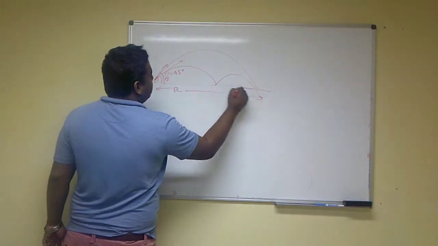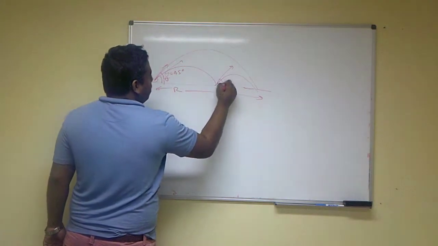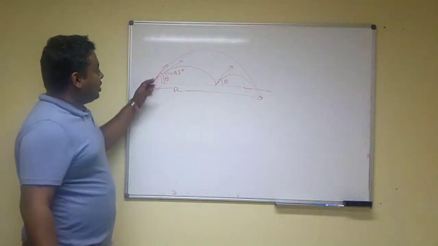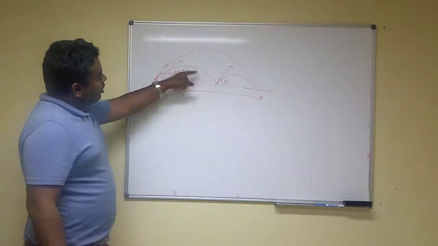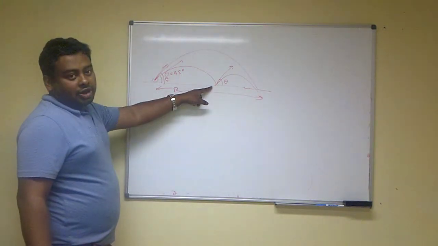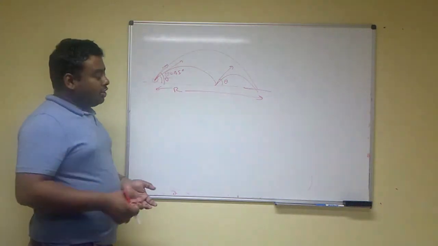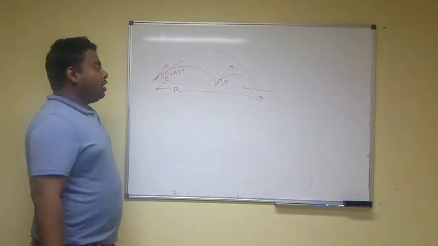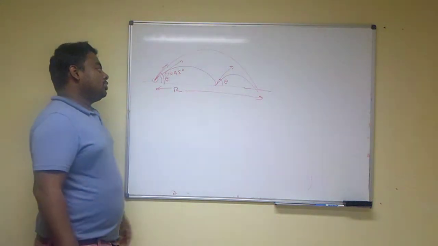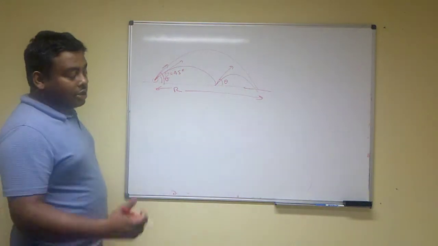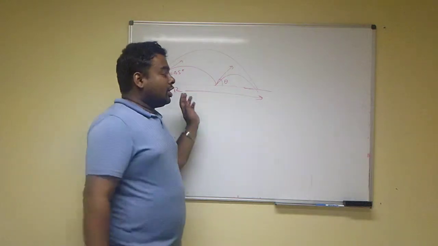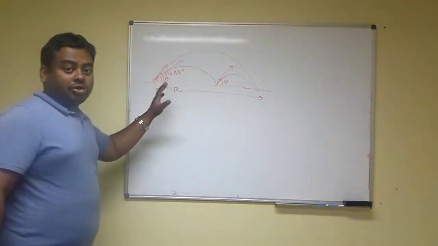This ball covers a range of R by 2, then elastically keeps the same momentum and does another projectile motion. So in two projectile motions it covers the same amount of range as the first projectile did at an angle of theta equal to 45 degrees.